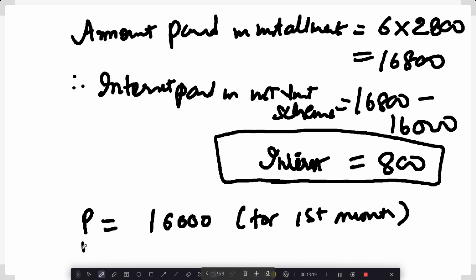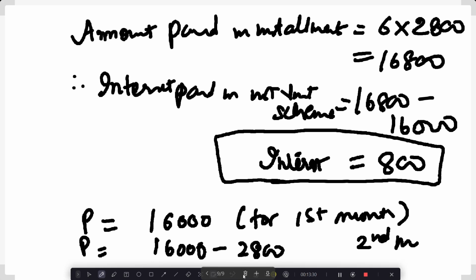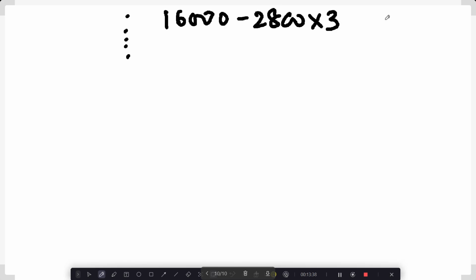ठीक है. Now P for second month. सेकेंड मंथ में P जो है वो actually कम हो गया ना इतने से. In fact अब अगर आप देखोगे तो जो P है हमारा कम होता जा रहा है. 16,000 minus, third month में ये हो जाएगा. Sorry ये 2 है.